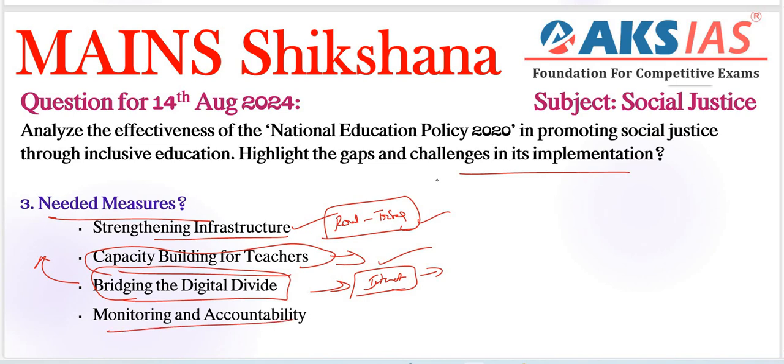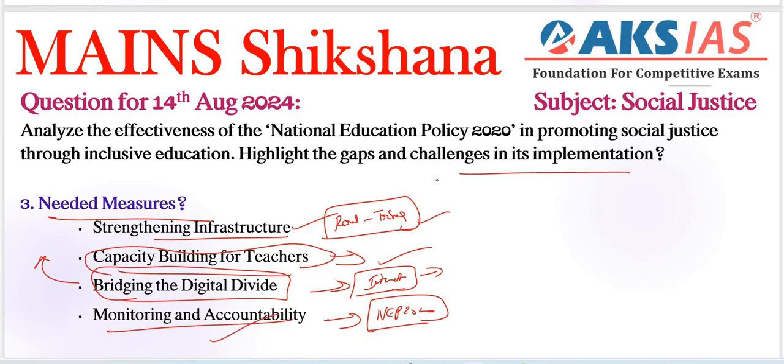Next, monitoring and accountability is very, very important here. Establishing robust monitoring mechanisms is essential to track our progress, especially NEP 2020 implementation. Regular auditing or feedback loops will ensure that the policy's objectives are met. That is the case here.